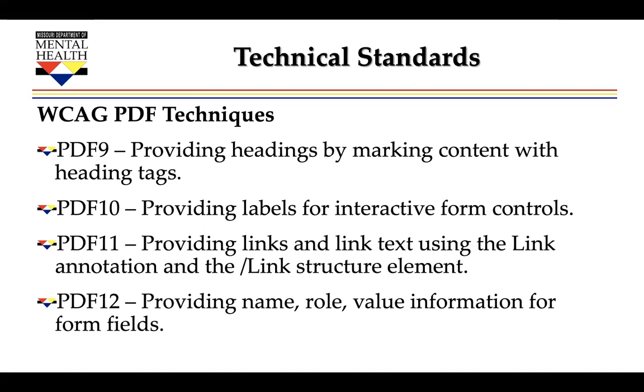Now, if the link text is already descriptive of the purpose of that link, then the link annotation isn't necessarily required, but it can still be beneficial for users of assistive technology to provide some additional information there. And that's where it would be a level AAA standard.